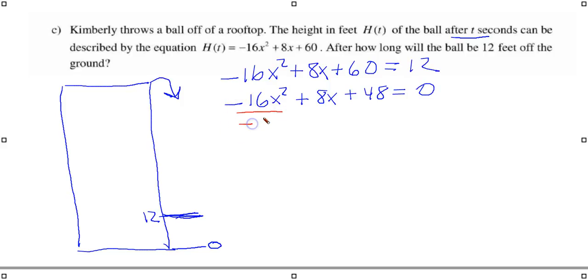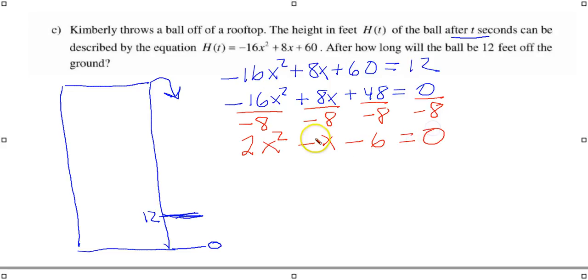So I'm going to divide everything by a negative 8. And this makes this then 2x squared minus x minus 6 equals 0.